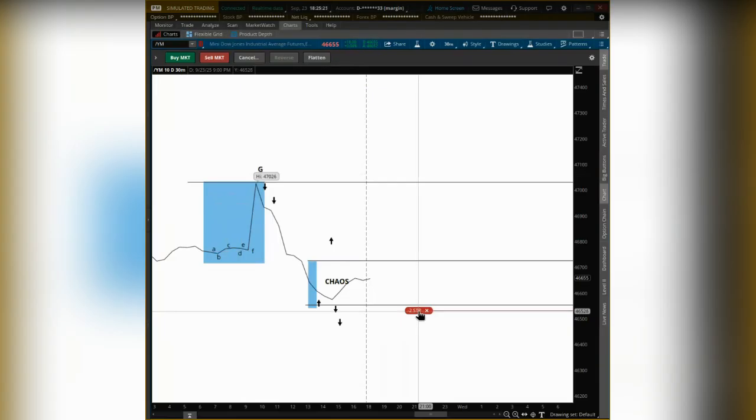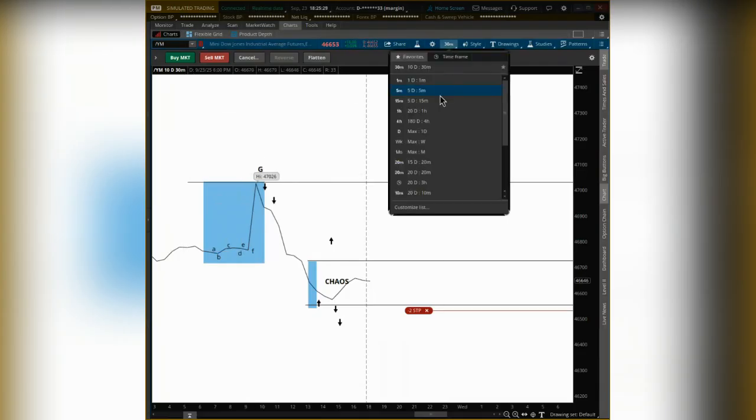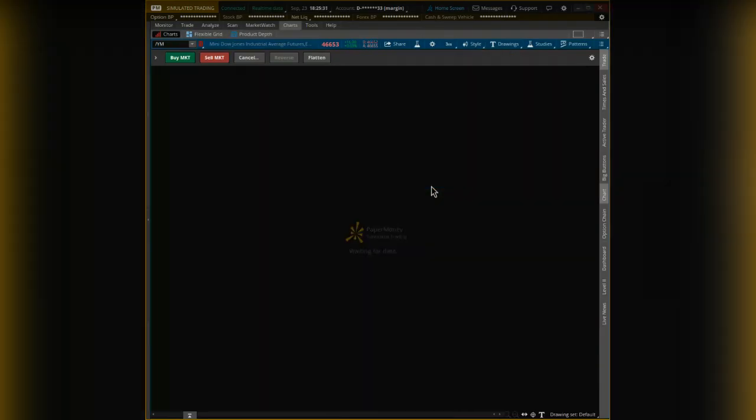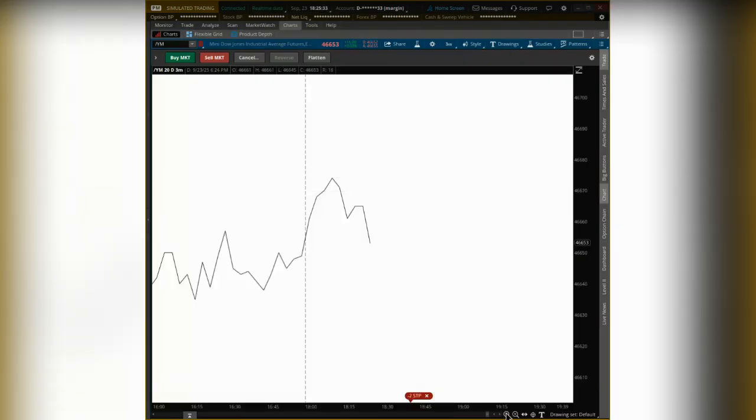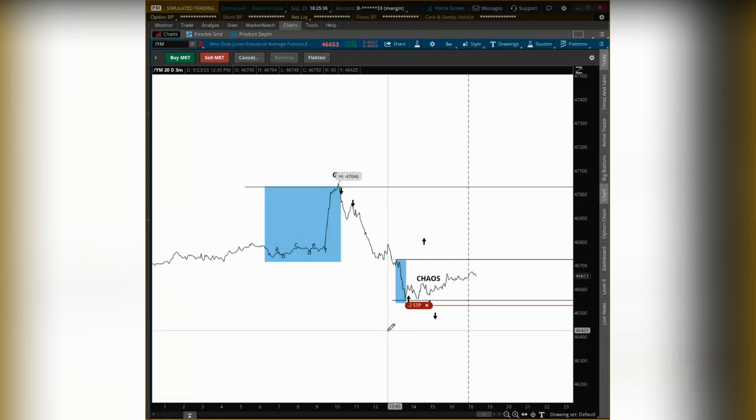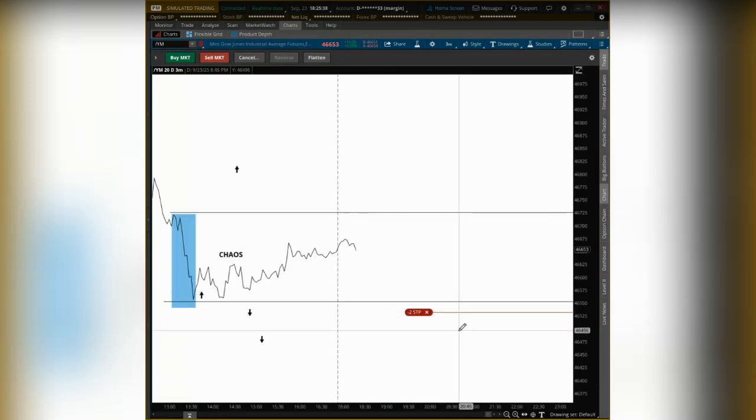Sell stop 2 is based not on the 30-minute time frame, but on the 3-minute time frame. If we break this channel here, I'll be filled on 2. Or you could put a buy stop 2 up here when we break the band, but on a 3-minute time frame, that's going to move pretty quick.